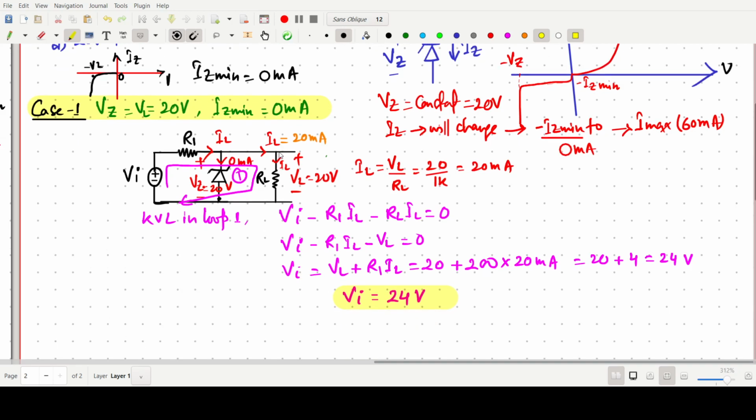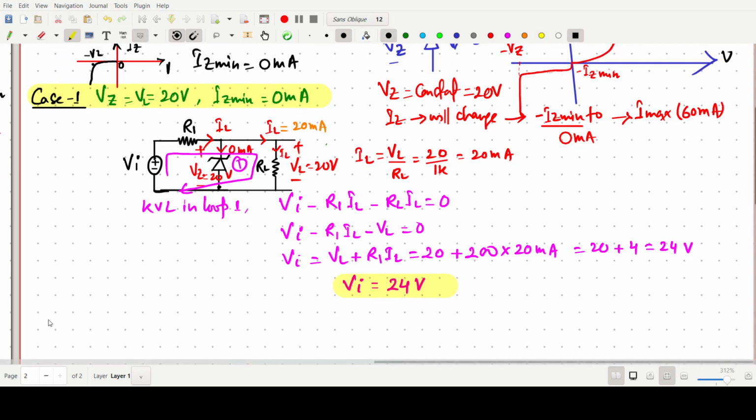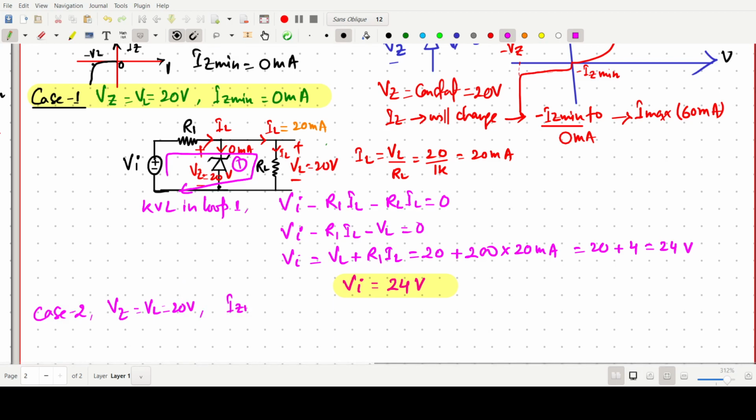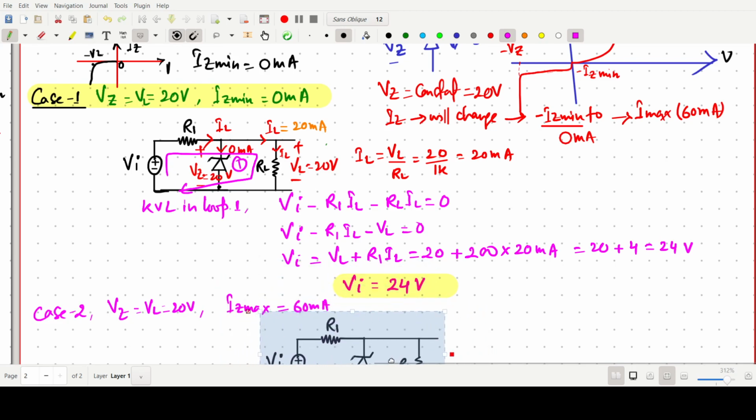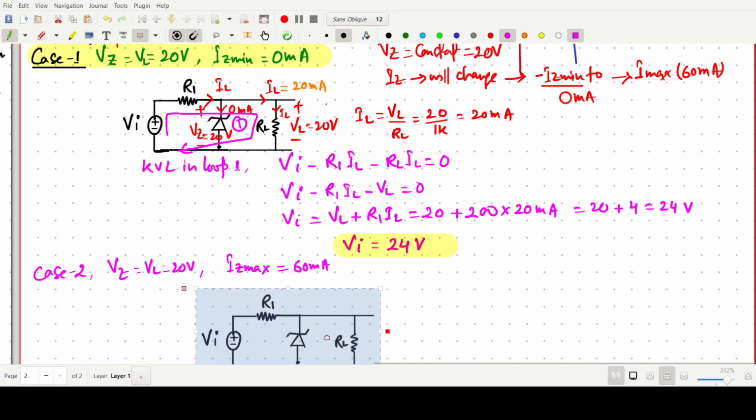Now the next condition, our case 2. Vz will be the same, because the Zener has to be on, and now the maximum current through the Zener is given as 60 milliampere. Again we put the same diagram here.